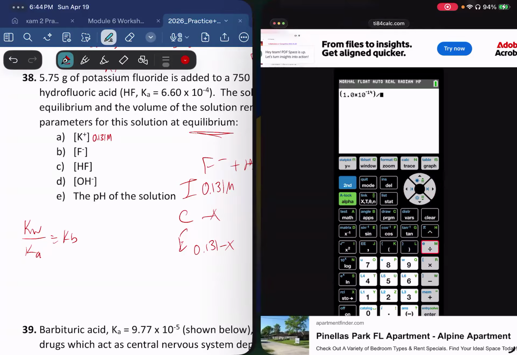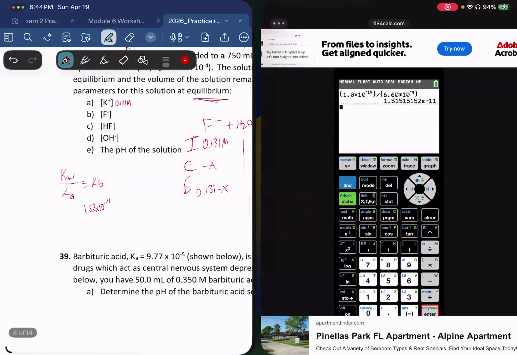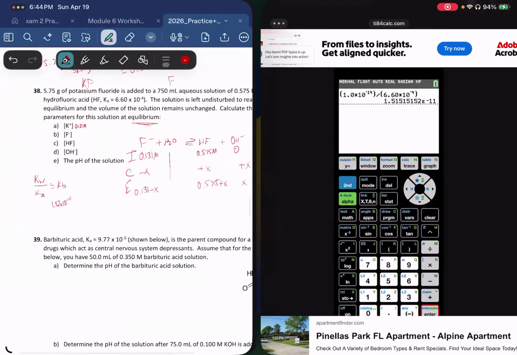Divided by, I need to put parentheses, 6.60 times 10 to the negative 4, close parentheses, right? And we get a KB value of 1.52 times 10 to the negative 11. That's really important. And now we plug these values into the KB.